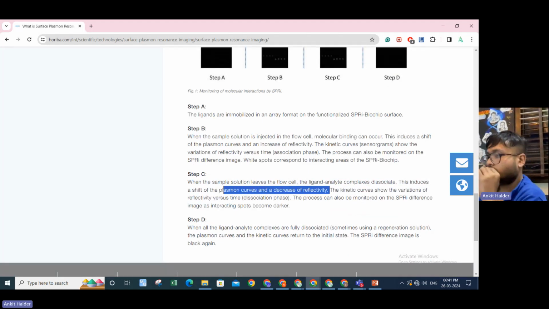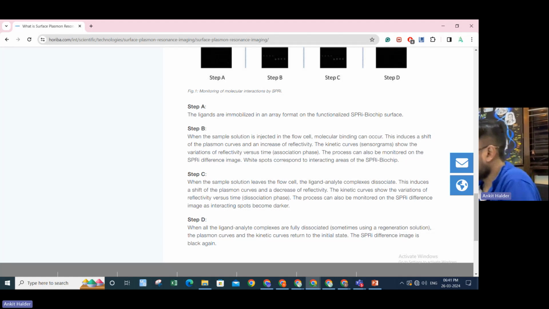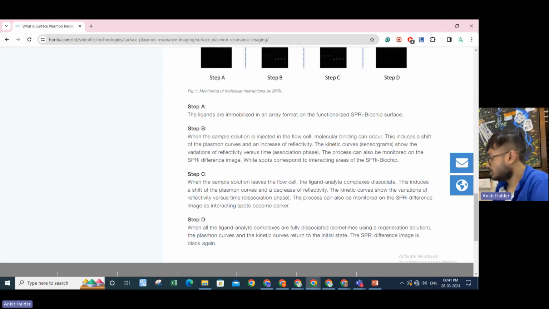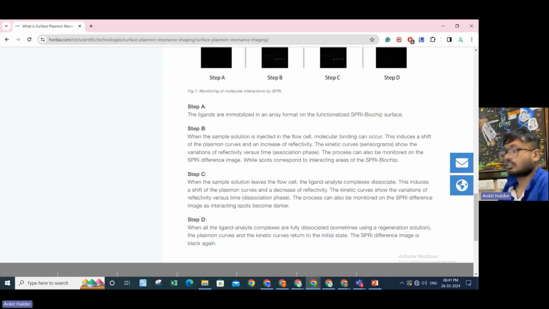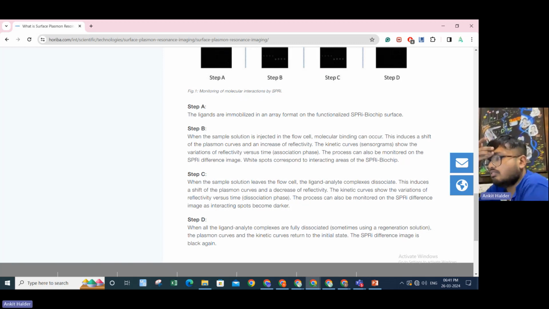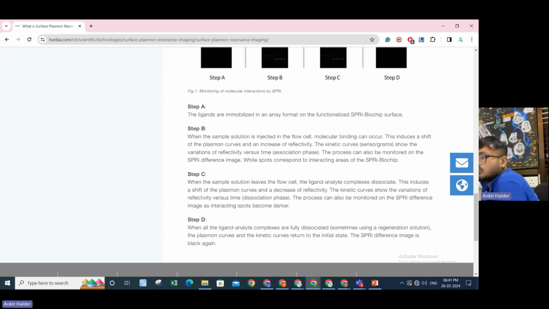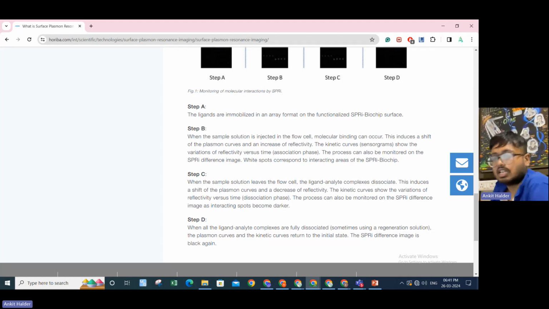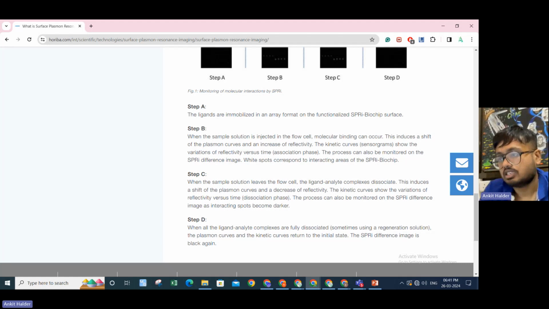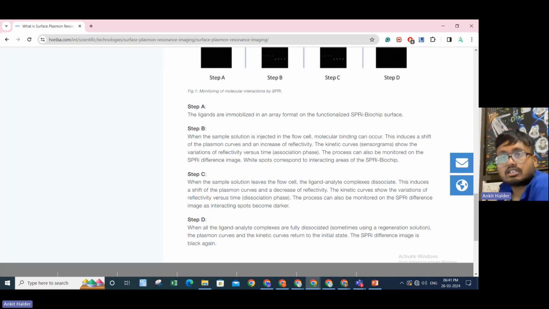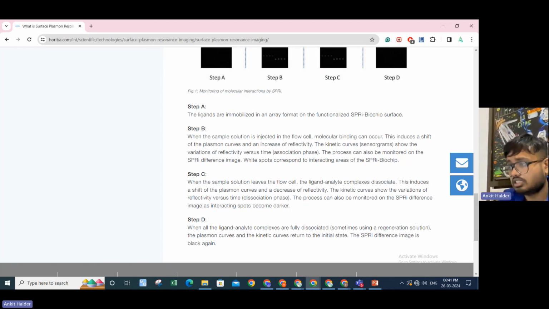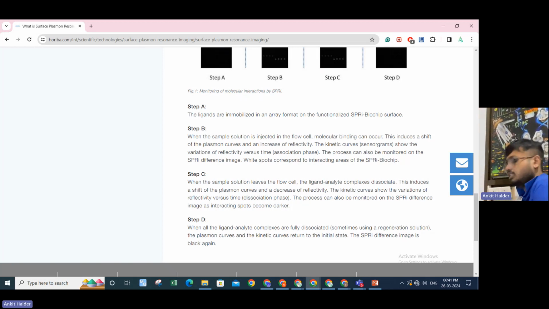This induces a shift of the plasmon curves and a decrease of reflectivity. The kinetic curve shows the variations of reflectivity versus time. The process can be monitored on the SPRI difference image as the interacting spots become darker. Finally, when all the ligand-analyte complexes are fully dissociated and you are back to the initial state, the difference image is black again, right?